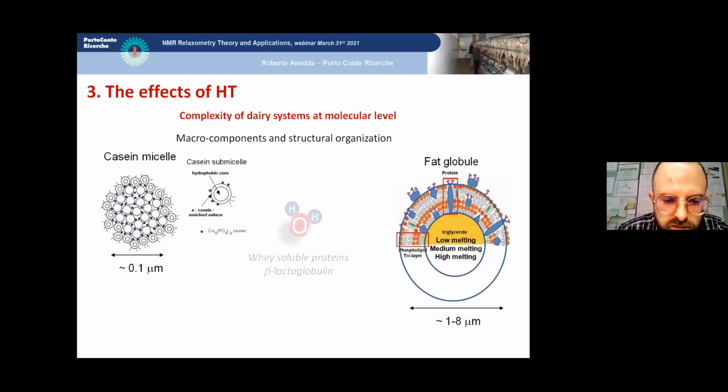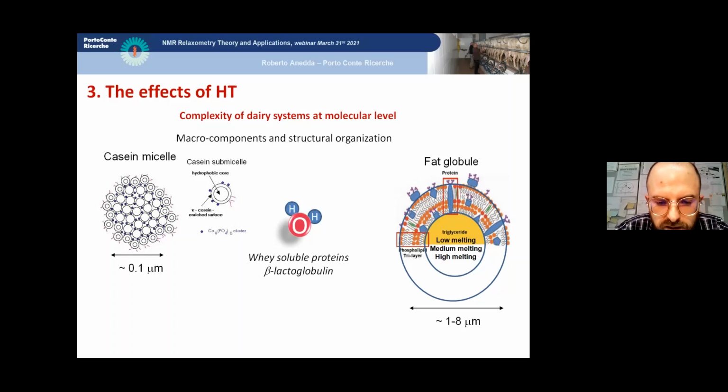In solution, beyond water molecules, of course, other proteins are present in milk and milk products. They are soluble whey proteins, mainly constituted by beta-lactoglobulin, which accounts for about 20% of the composition of whey proteins.